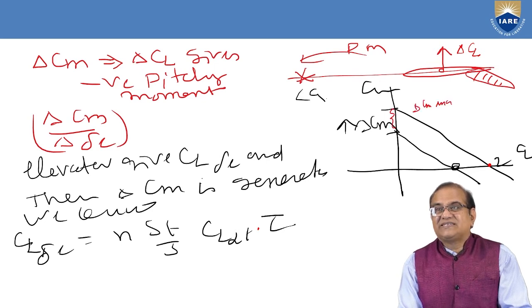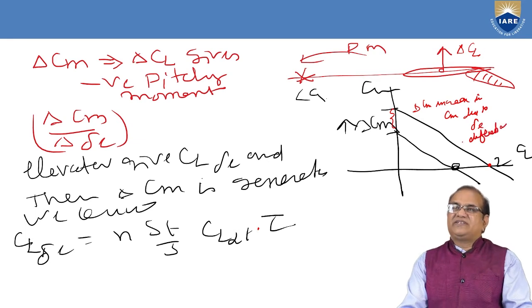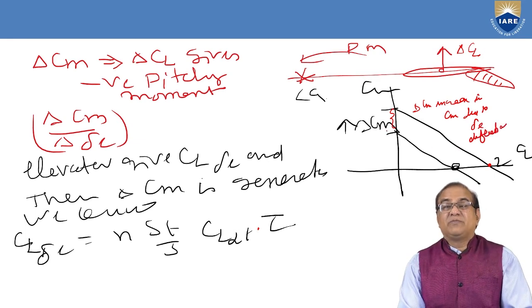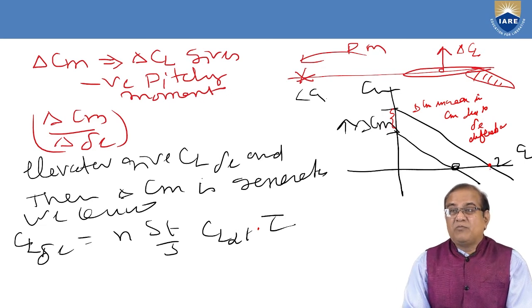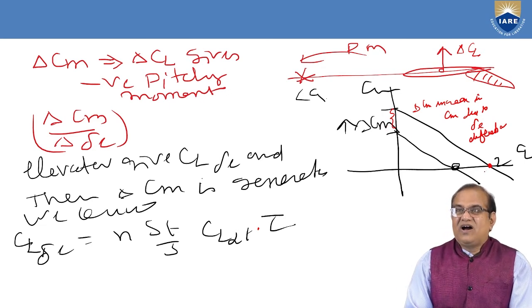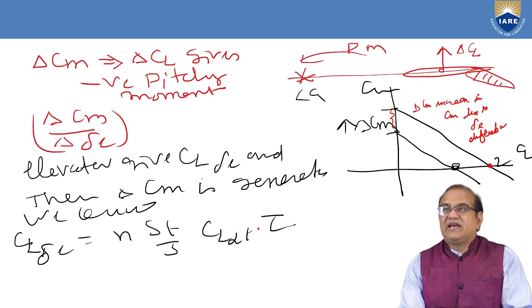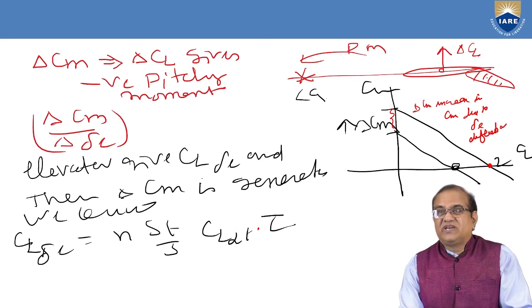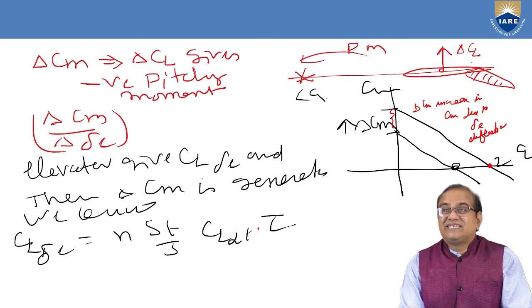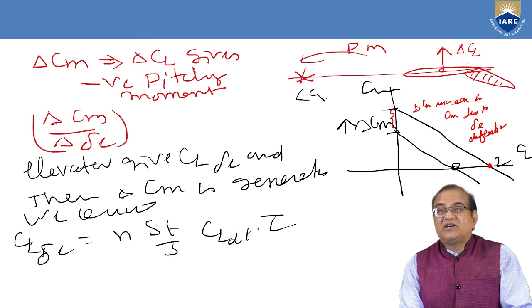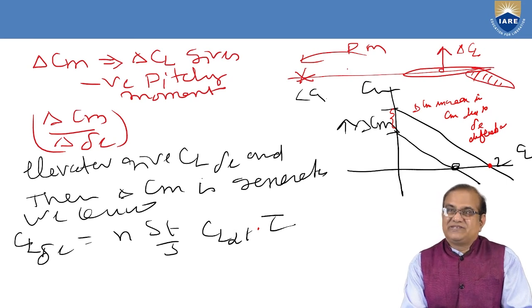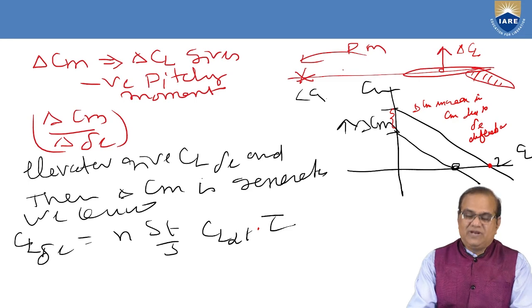This is the change in Cm due to delta E deflection, and Cm naught is positive. This gives a larger alpha variation, so more angle of attack, and this happens by deflecting downward. If you deflect downward, the CL will be positive, and this positive CL will give a negative pitching moment, meaning it will make the nose go down.